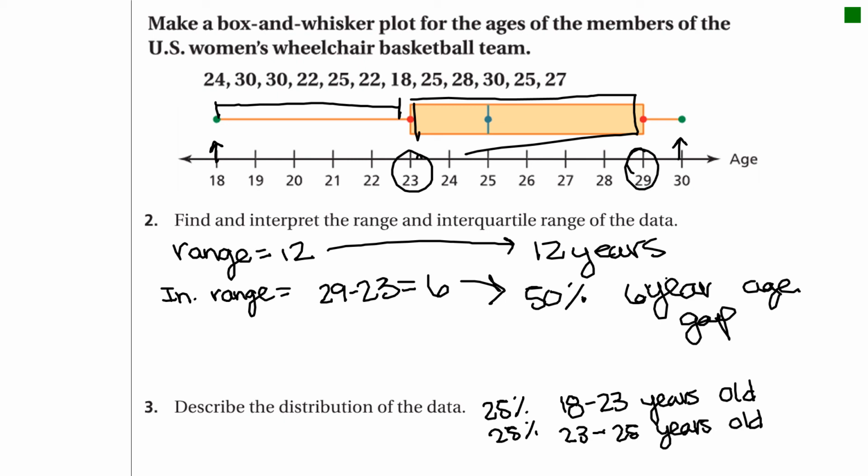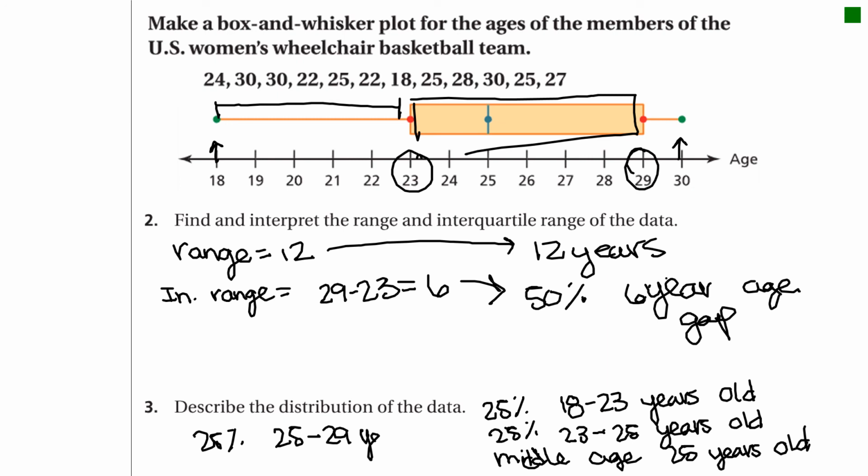Then we can say the middle number is 25, the middle age is 25 years old. 25% of the data goes from age 25 to age 29.